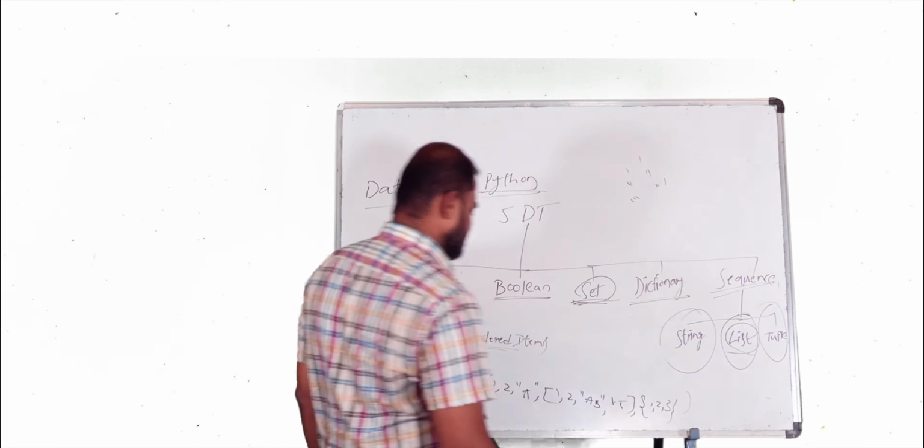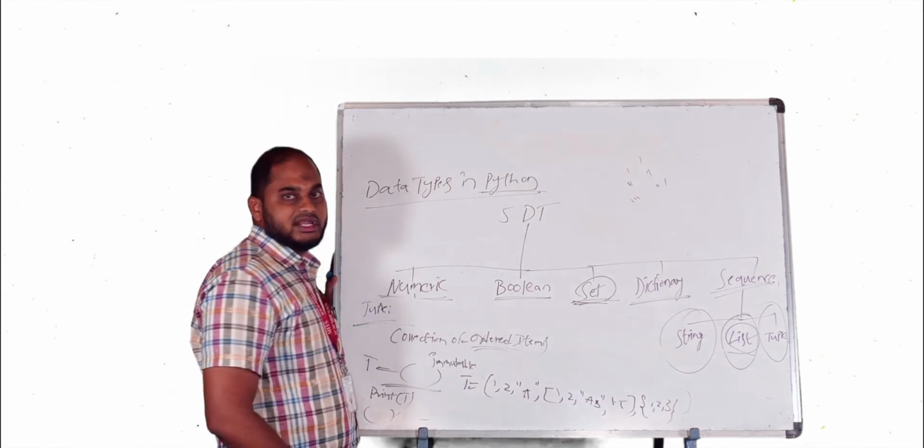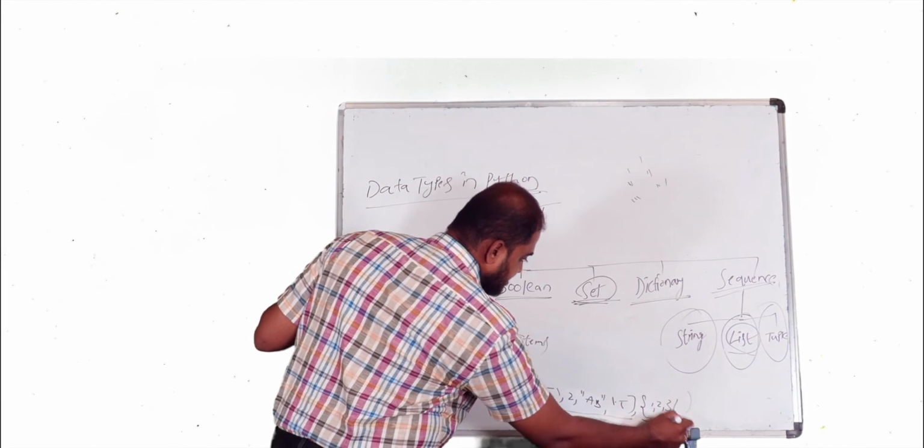This is how you can create a tuple. As you can see, it has multiple items of different data types. These two are integers, this is a string, this is a list, and this is a set.